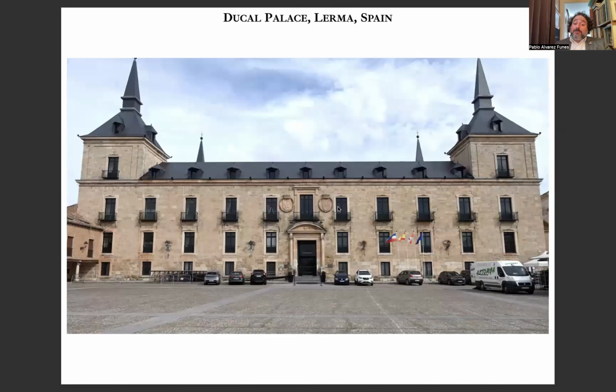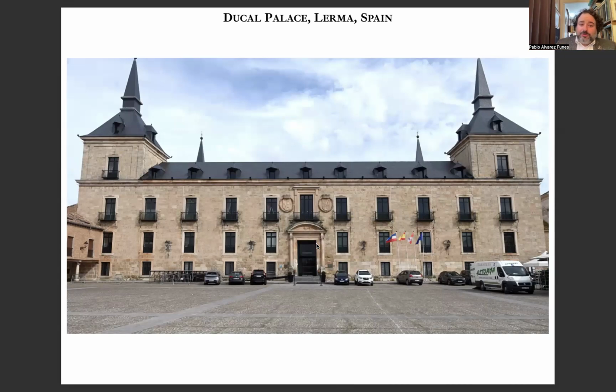And this design obviously made a school in Spain, and by extension in a good portion of the Americas. This is the Ducal Palace of Lerma, which has very clear reminiscence of it. And we can see here a very uniform set of openings, all interrupted by a beautiful pedimented portico entrance, which is, we could say, a standard solution taken from the Baroque, from any pattern book of the time.